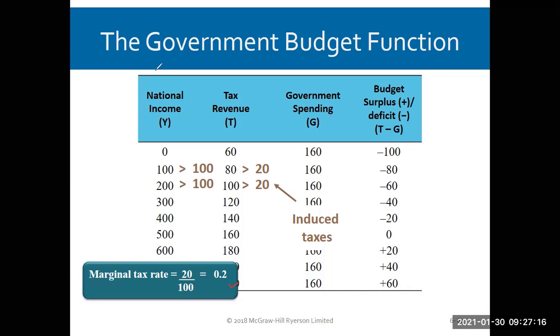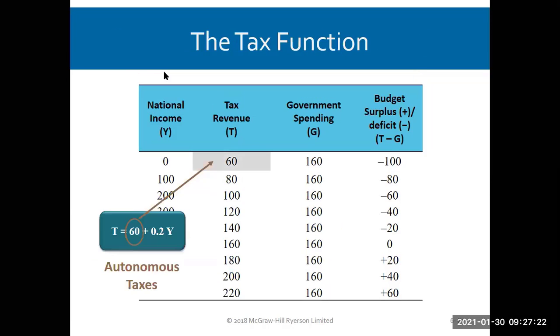So let's actually build this thing now, the tax function. Remember, like anything else, it's going to have the autonomous and induced component. So here's our autonomous taxes of 60 right there. And we know that the marginal tax rate was 0.2. So the induced component is 0.2 times y.